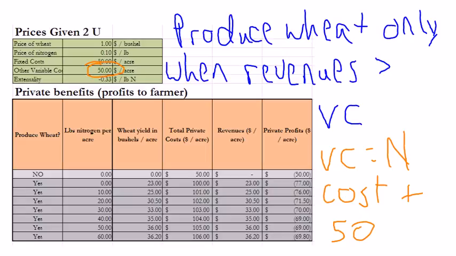And so if we do produce wheat, we know that our variable cost is going to be greater than $50. But look over here in revenues. If you produce wheat, revenues are always less than $50. So you know, anytime you produce wheat here, revenues are going to be less than variable costs, so you should not produce. This is meant to be a greater than sign here.